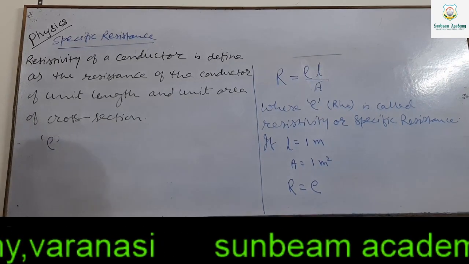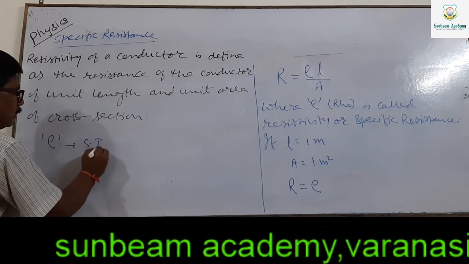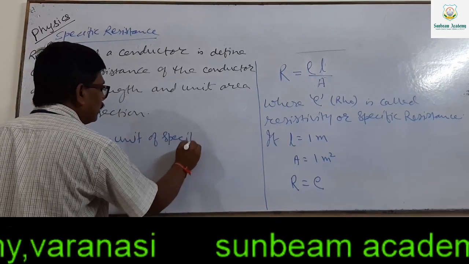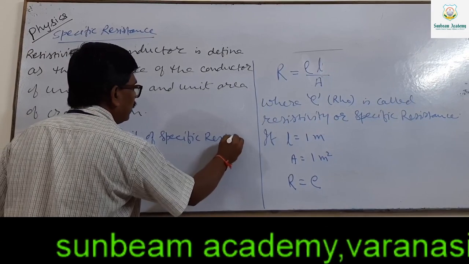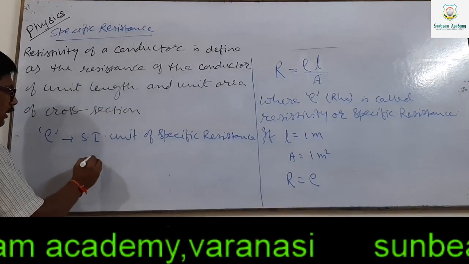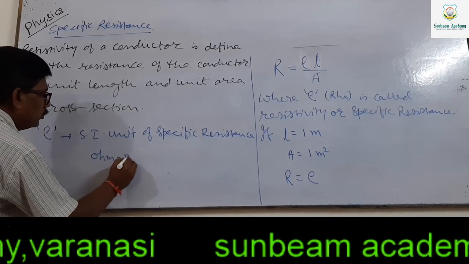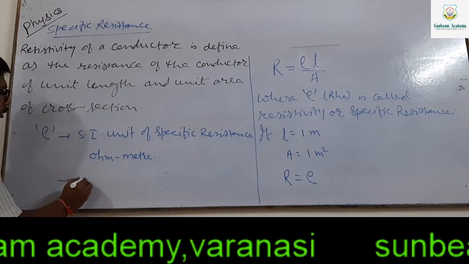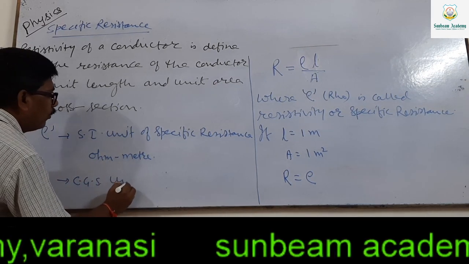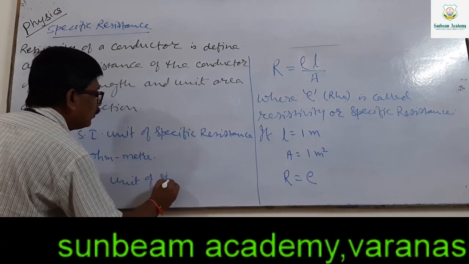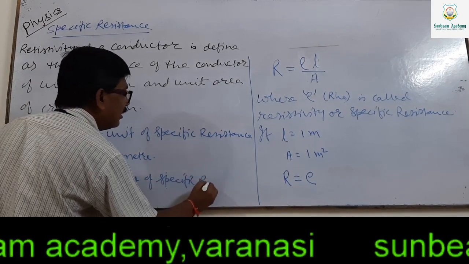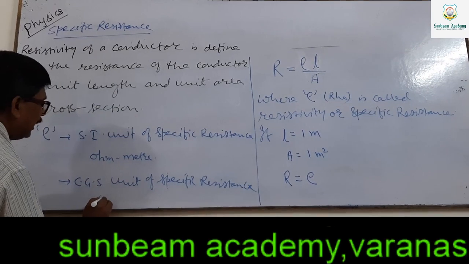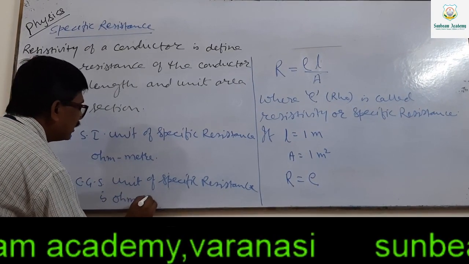Now what is the unit of rho or specific resistance? SI unit of specific resistance is ohm meter, and CGS unit of specific resistance is ohm centimeter.